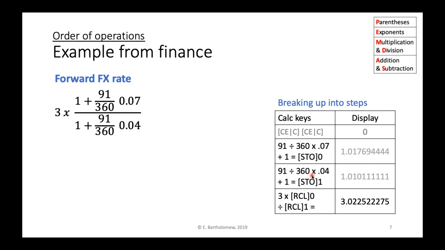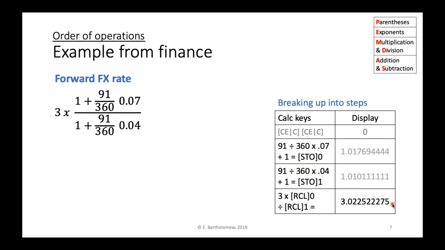Then if we take 91 divided by 360 times 0.04 plus 1 equals, and then store that in the 1 register, we'll get this, and that represents this expression on the bottom. And then what we can do is say 3 times recall 0, so that will recall what was in here, divided by recall 1, that recalls that, and you will get this result. So you should try that and make sure that you can get these results, and pause if you need to.